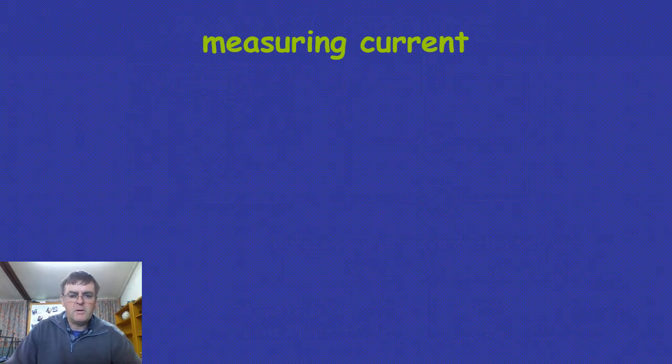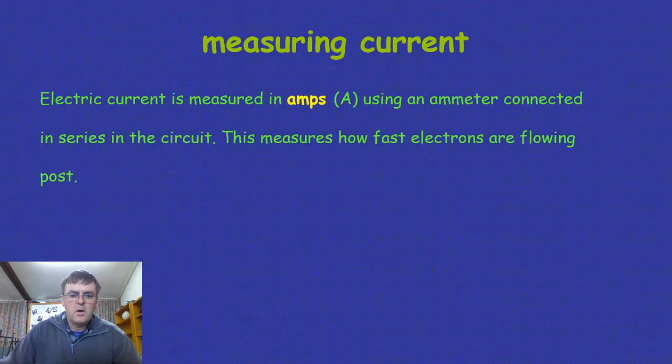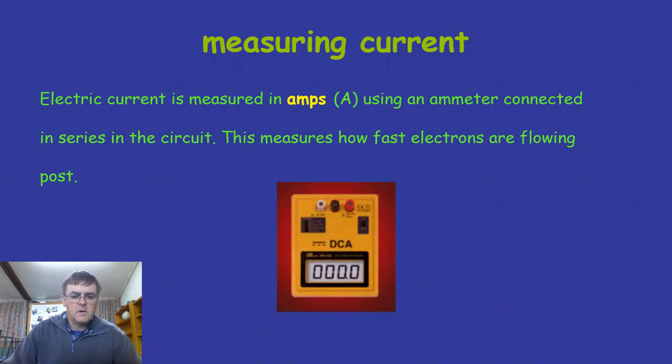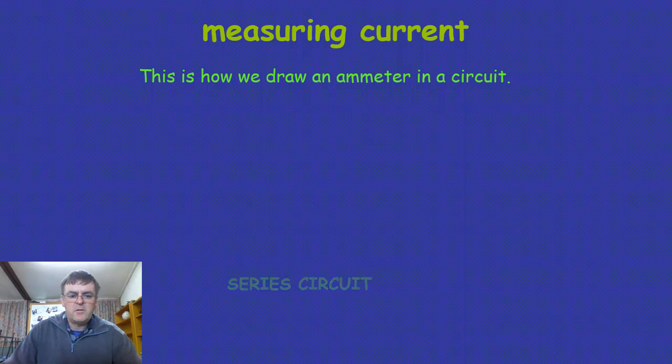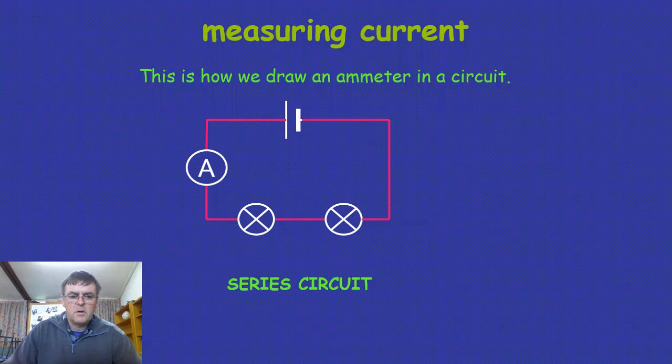So let's look at current in these circuits, the speed of how fast the electrons are flowing past a certain point. We use an ammeter to measure that, and that's the symbol for an ammeter there. And we join this into the circuit in series. Just plug it in as another component.